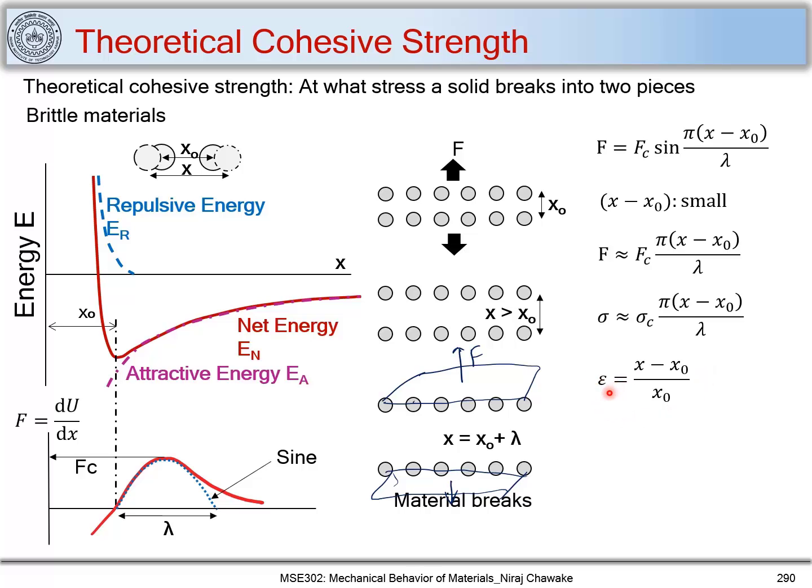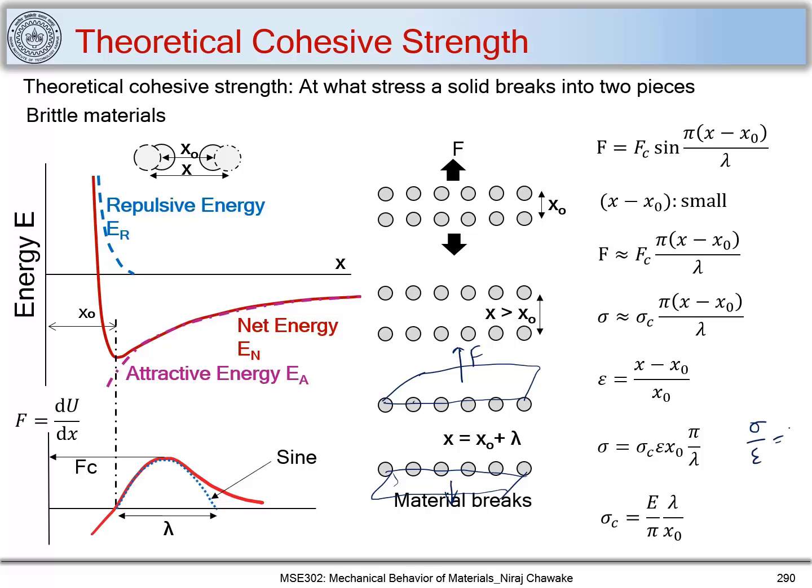Now what you can do is plug in x minus x naught using strain and x naught. So we are going to replace this term, and when you do that, we get sigma equal to sigma c times epsilon times x naught times pi upon lambda. We can replace this sigma upon epsilon by Young's modulus. Let me write it down.